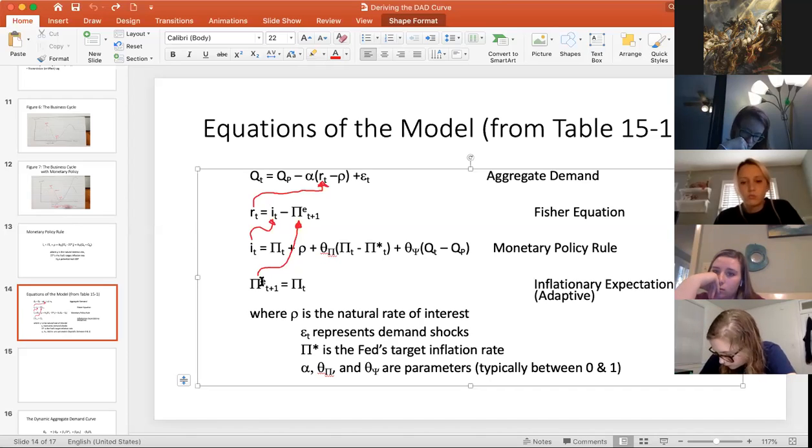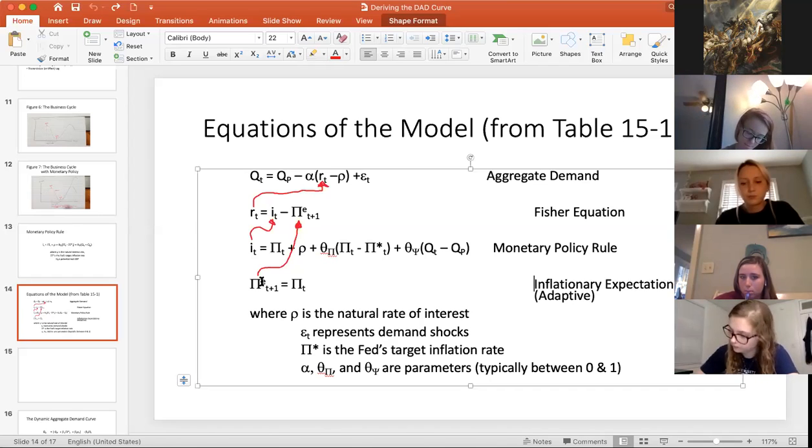You could say something like half of last year's inflation rate, a third of the year before's, a sixth of the year before that. So you're weighting recent years more heavily, but you are looking at a trend over time. We could do that here, but it just makes the math more complicated because you're dragging around these extra terms. So we can get the full flavor of how expectations can affect things with this simple version of the model right here.